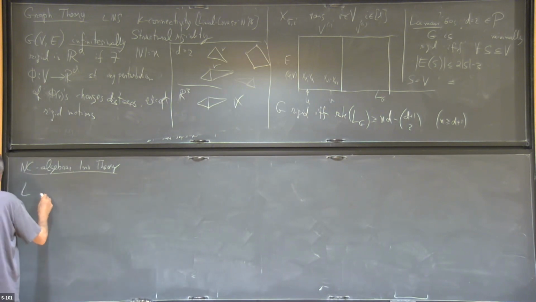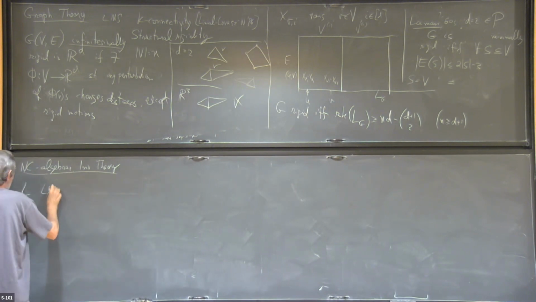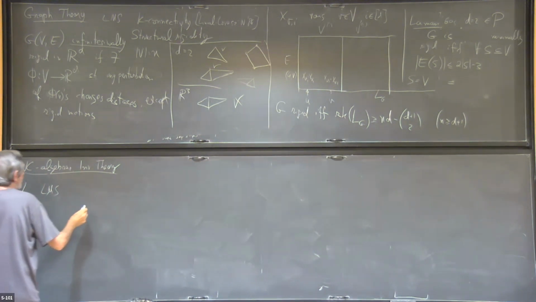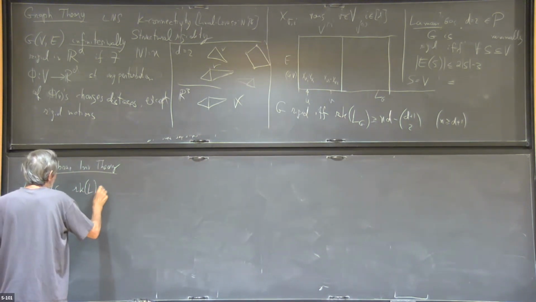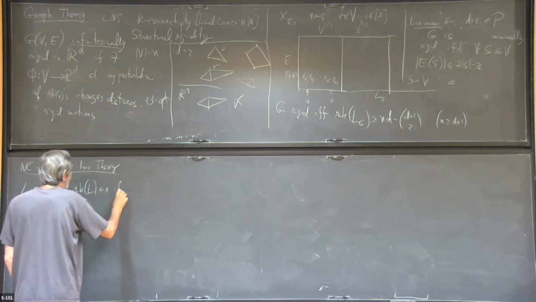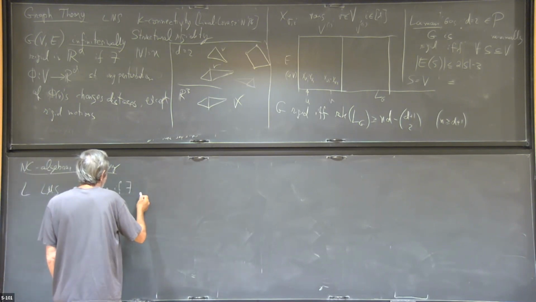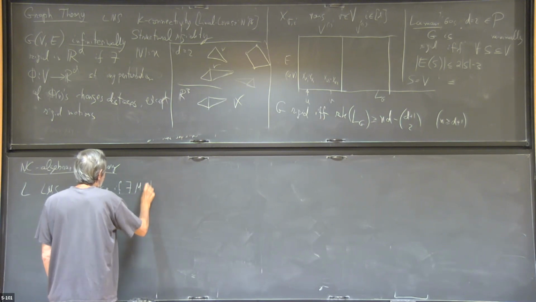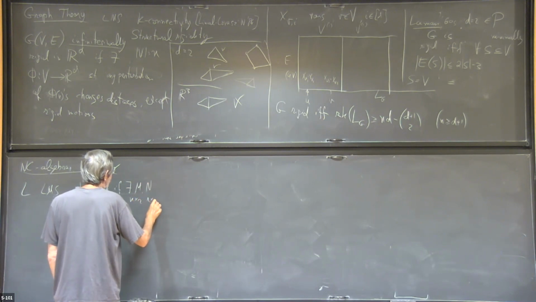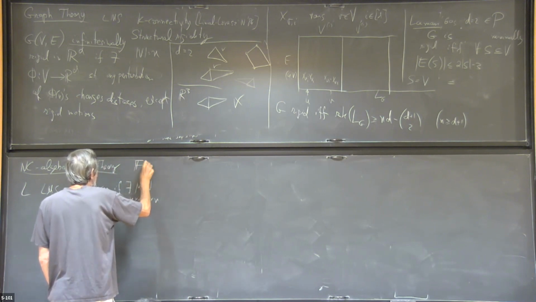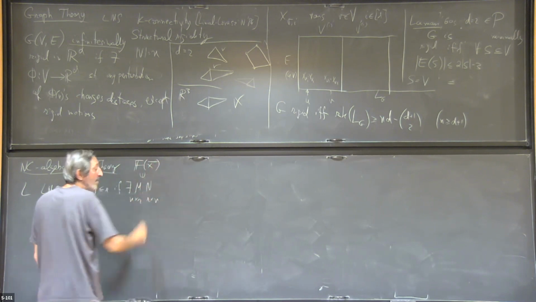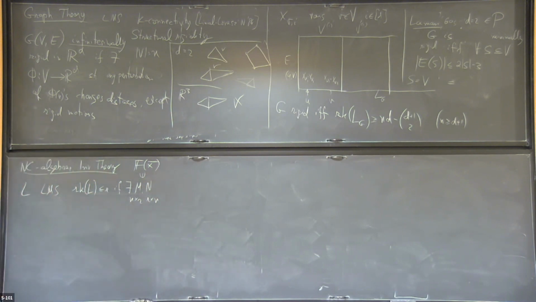So L is a linear space of matrices. Rank of L is R if there exist matrices, this is n by R, this is R by n, but their entries belong to the field of rational numbers.